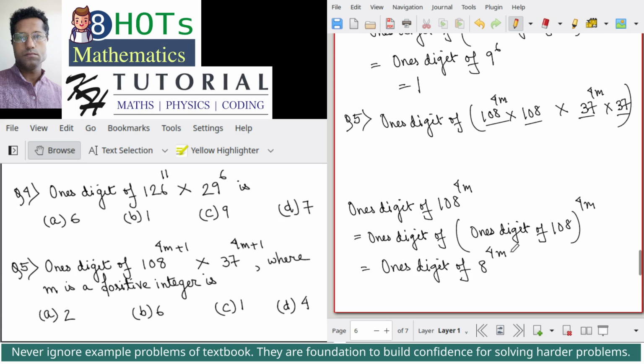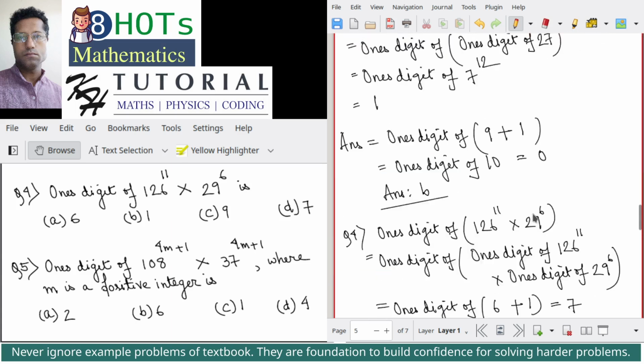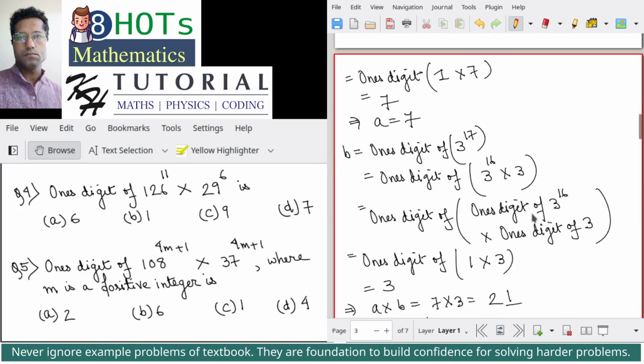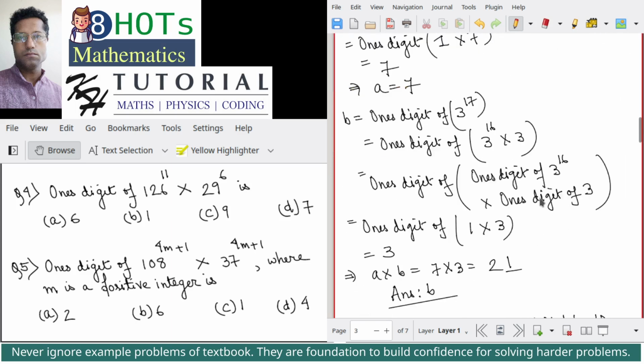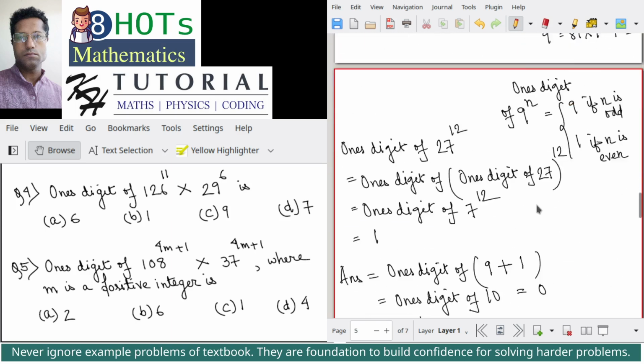Now I have to consider the pattern of the ones digit of powers of 8. I don't think I have discussed that so far. No. So let's see what is the pattern of the ones digit of powers of 8.